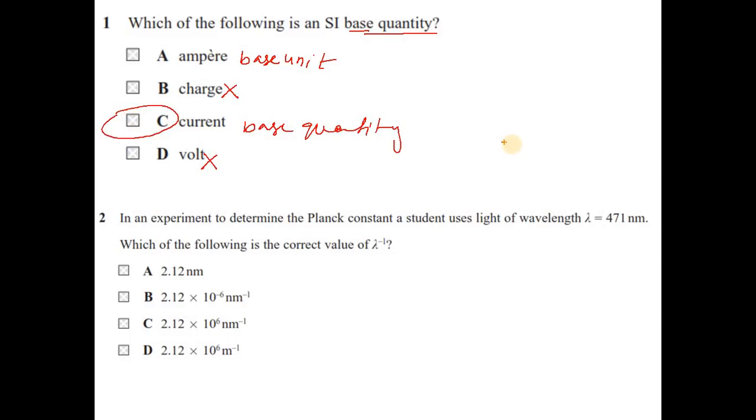Question number 2. In an experiment to determine the Planck constant, a student uses light of wavelength lambda, 471 nanometer. Which of the following is the correct value of lambda to the power minus 1?